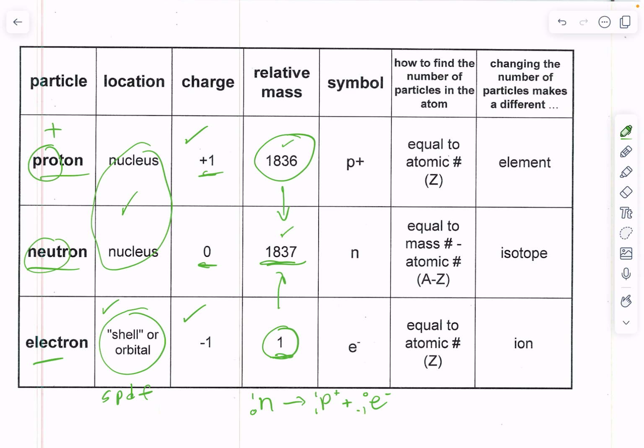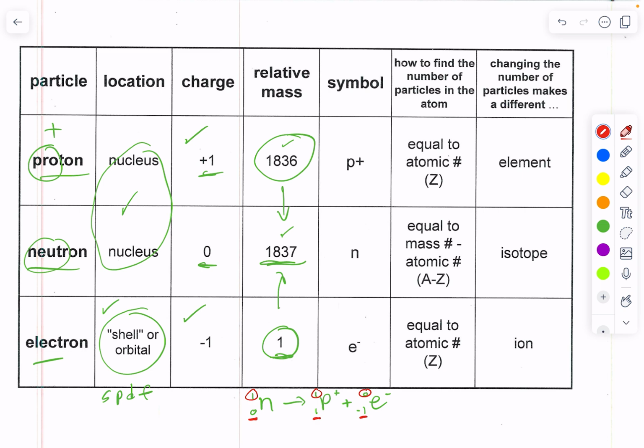So please notice that the charge 0 equals 1 plus a -1. And the mass numbers also equal on either side of the arrow: 1 equals 1 plus 0.